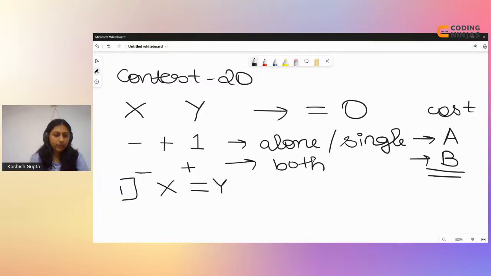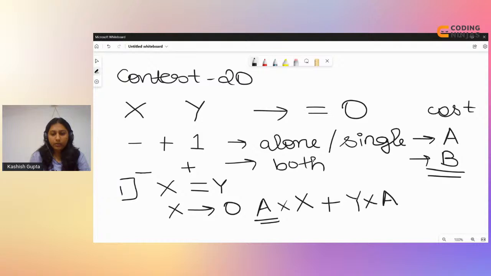So in this case, what is possible is you can make x 0 by doing decrement on x, that is it will cost you x into a, and then you can decrement y by 1, that will also cost you y into a. You did this operation y number of times, x number of times, and they both became 0 because you decremented them. So this can be one answer.